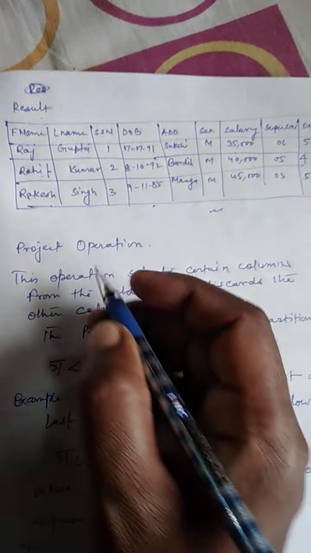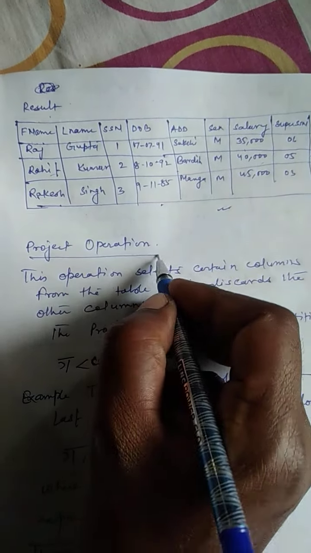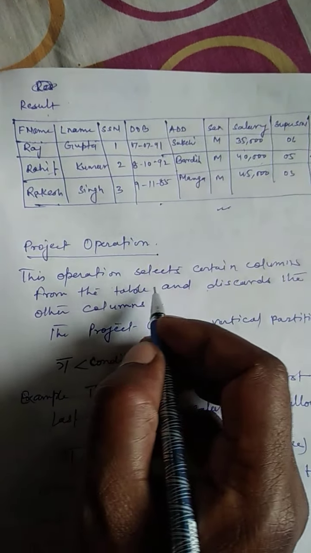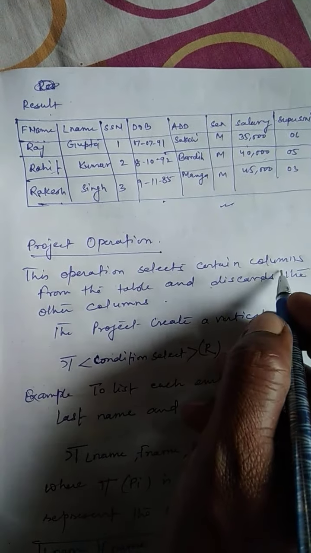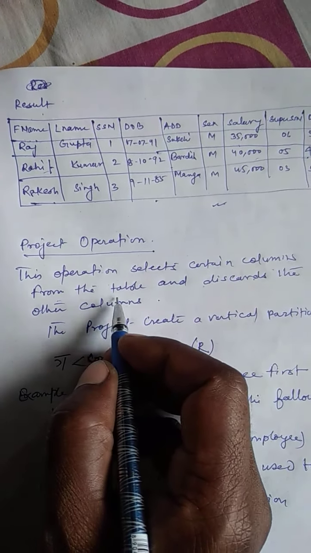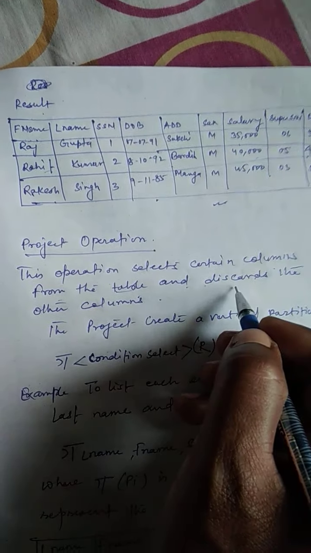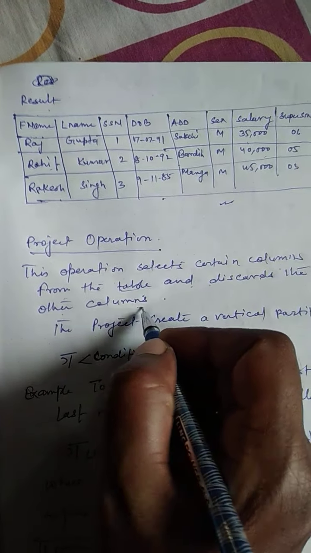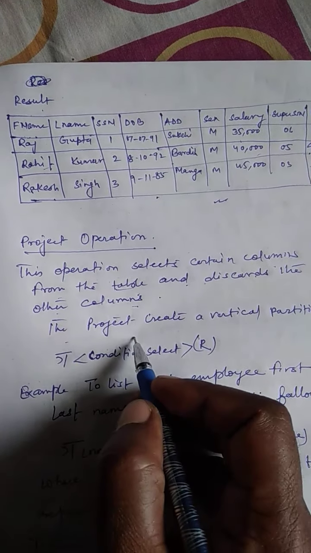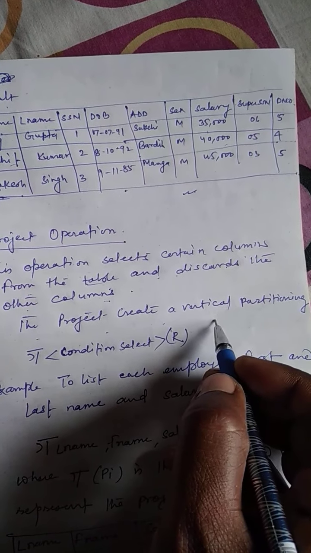After that, the project operation. What is the project operation? This operation selects certain columns from the table and discards the other columns. The project creates a vertical partition.